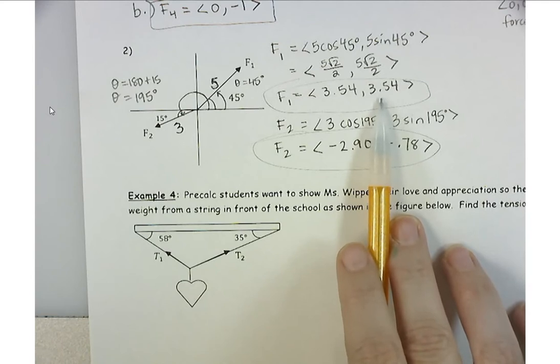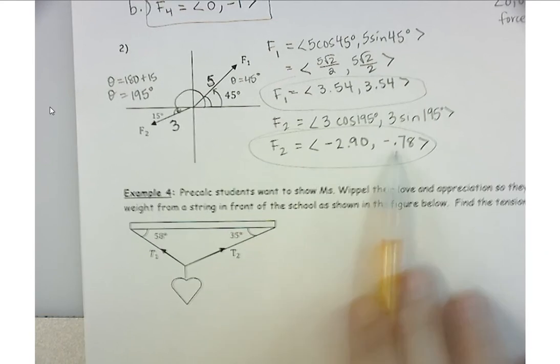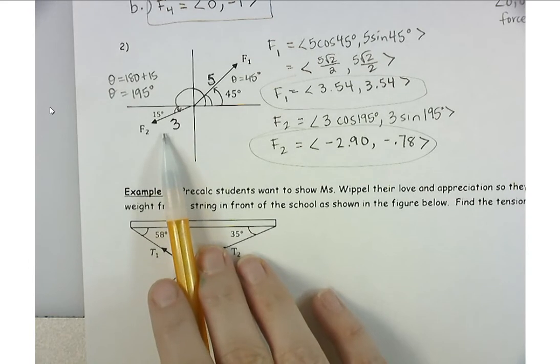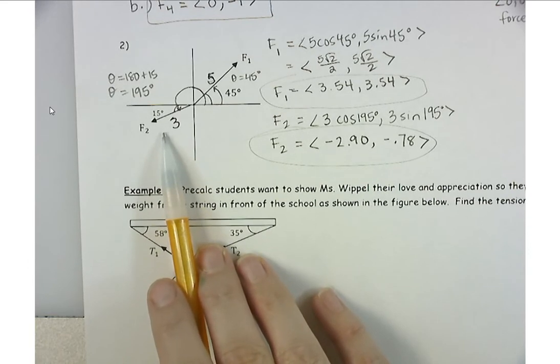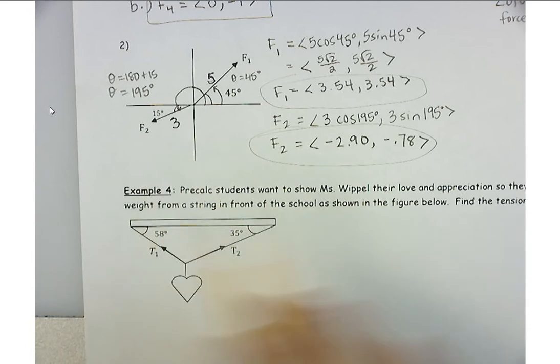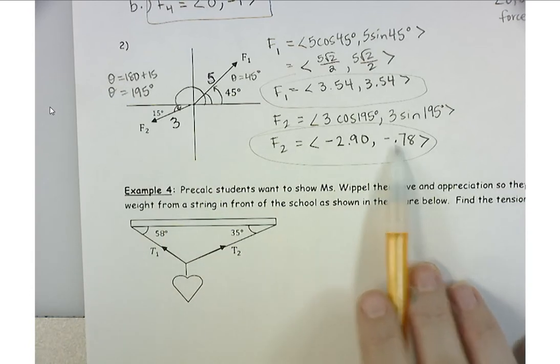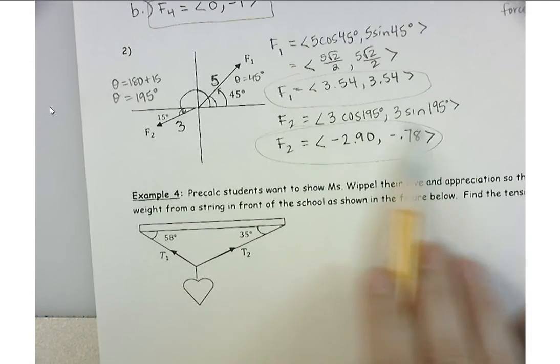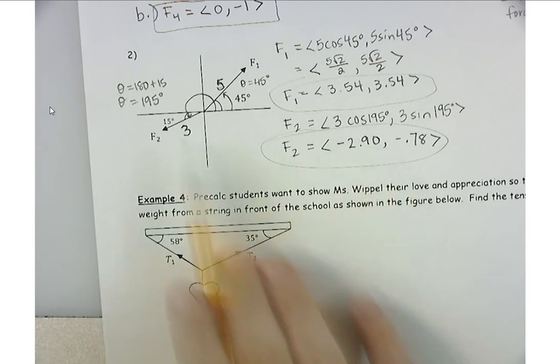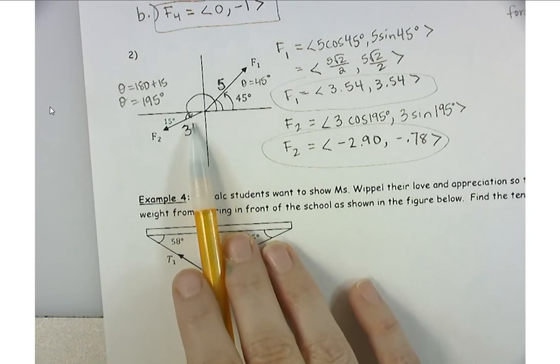And then this one's negative, negative. Does that make sense for its position? Yeah, because it's in quadrant 3, and in quadrant 3 you have negative x and negative y. So these are things you should be checking when you do a test or a quiz. When you write that down, does that make sense with what the problem's asking you?